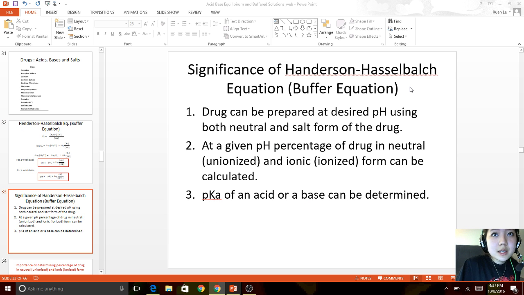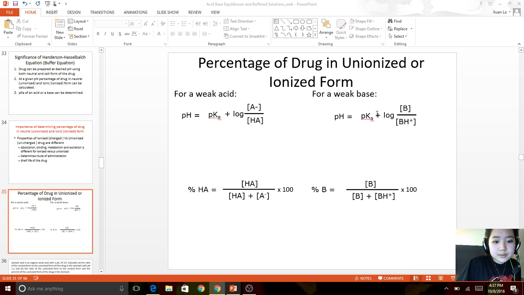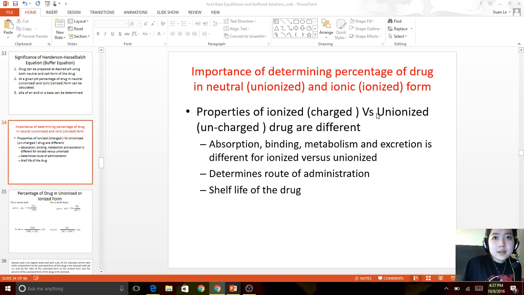So the Henderson-Hasselbalch equation is so important because it lets us figure out the optimum pH, which makes a buffer solution, and this equation is going to give us the ratio of unionized and ionized forms of the drug. So let's talk about indomethacin for a second.